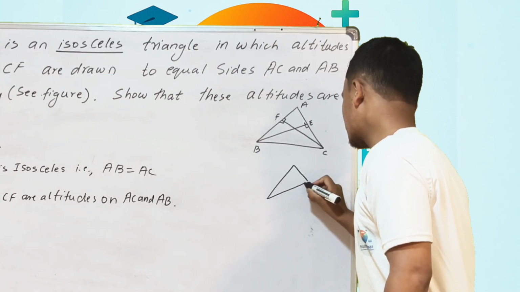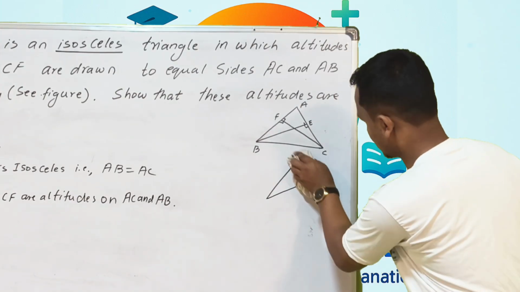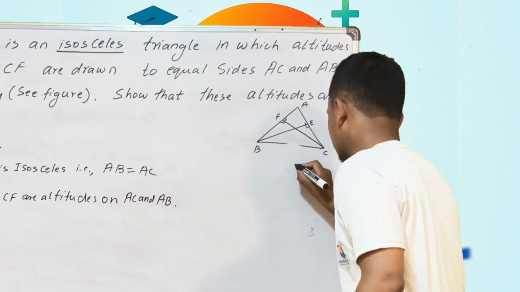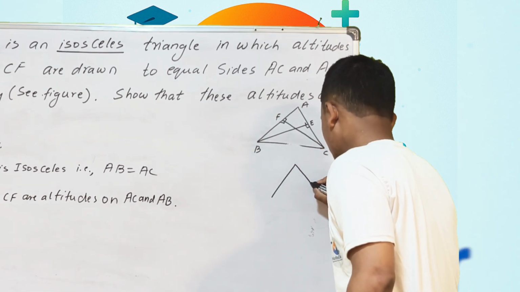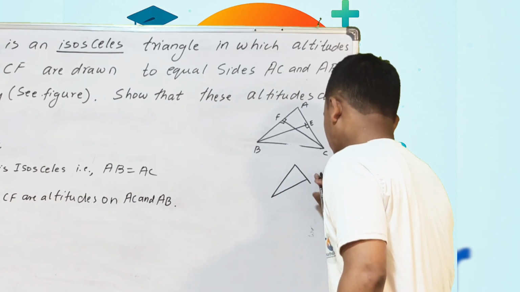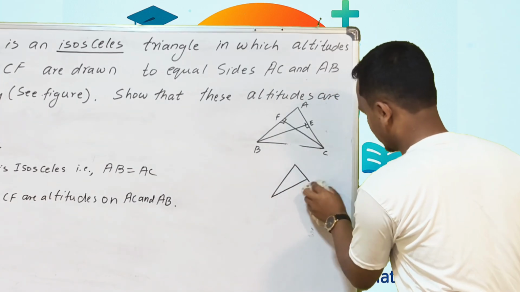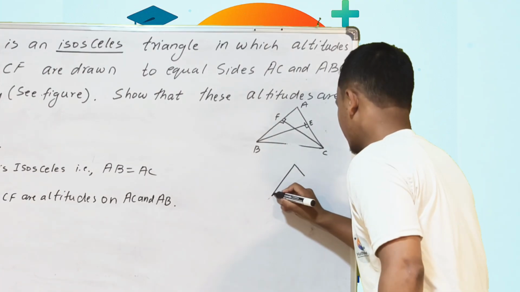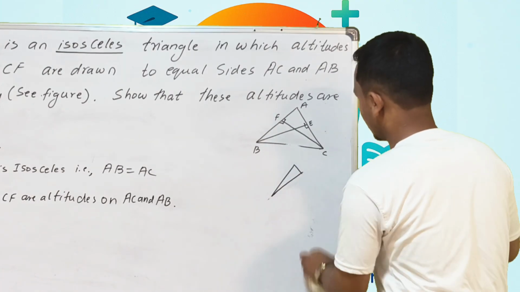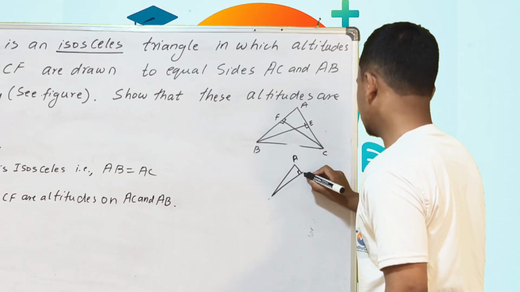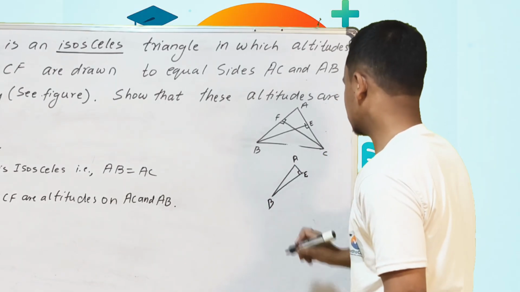This is 90 degrees. So this is A, this is E, and this is B. That is triangle ABE.